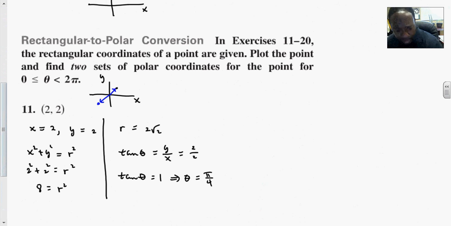So 1 point we have, and that is the point, the radius is 2 square root of 2 comma pi over 4. That's this point here. So what about the other point, this point down there? Well, that looks to be when x is negative and y is negative. And so here r would be negative 2 square root of 2. And to get this point in reference to the angle would be pi plus the reference angle, where the reference angle is pi over 4.